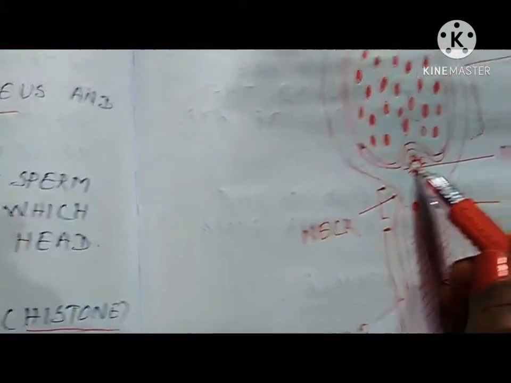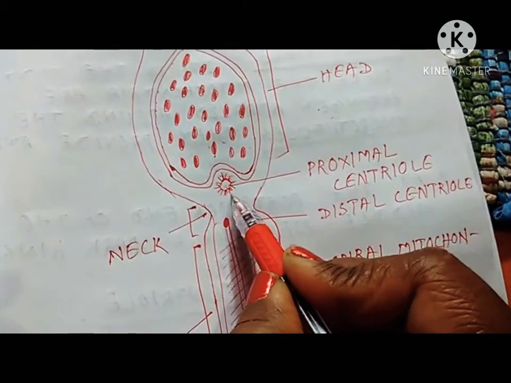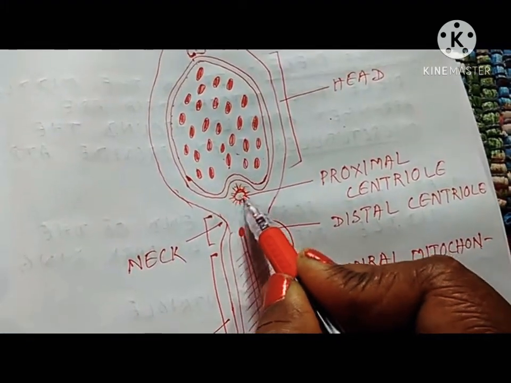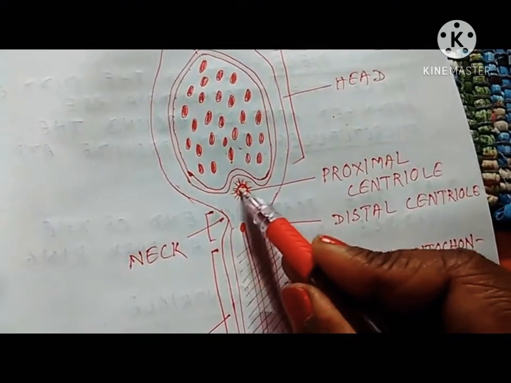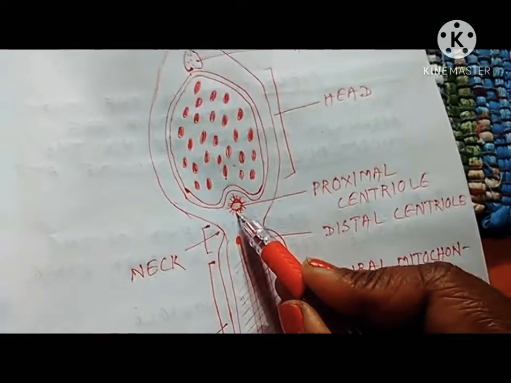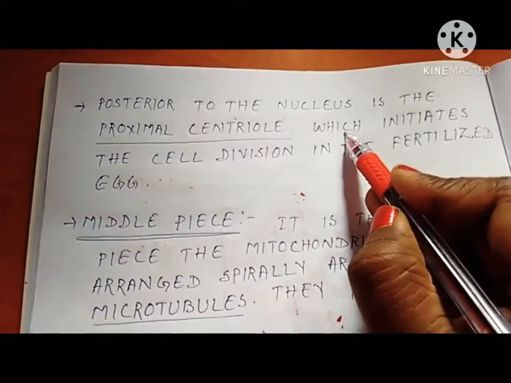This is the proximal centriole, positioned posterior to the nucleus.